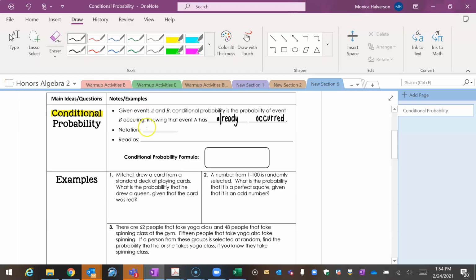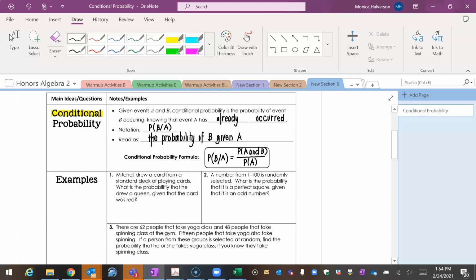The notation for this is usually the probability of B given A, and that's exactly how it's read: the probability of B given A. So the formula to find this type of probability is the probability of A and B occurring divided by the probability of A.